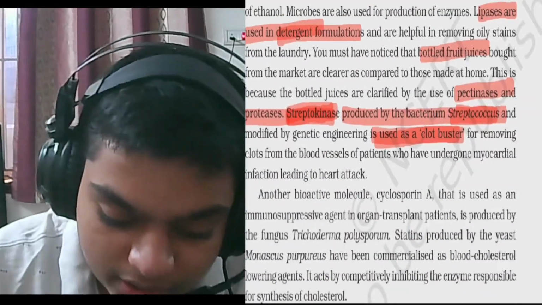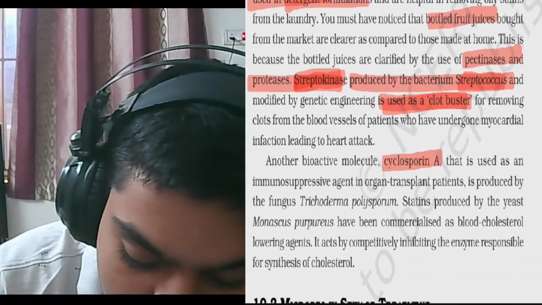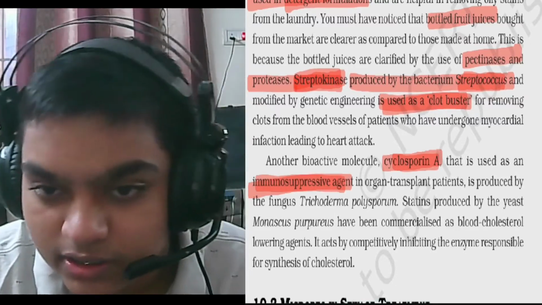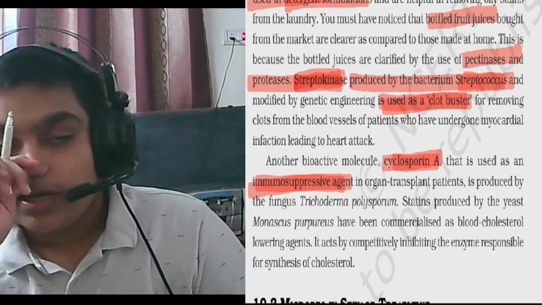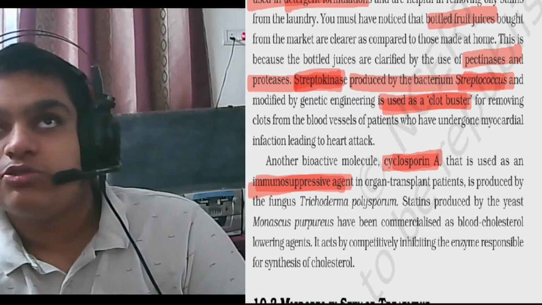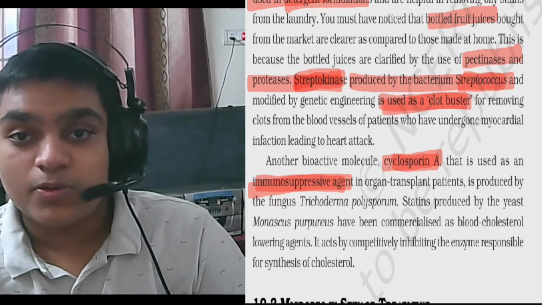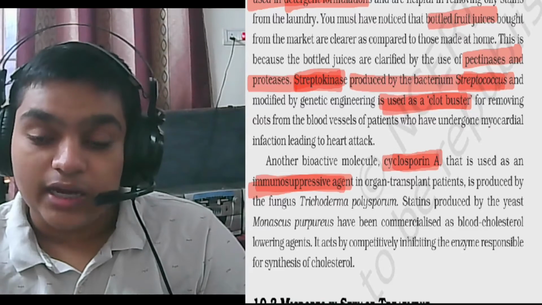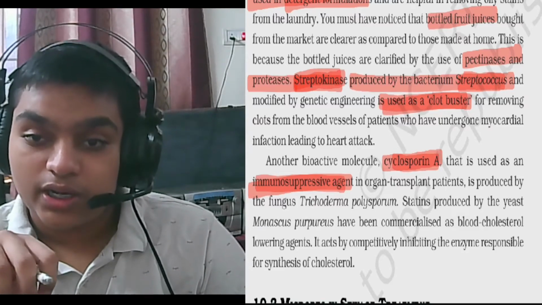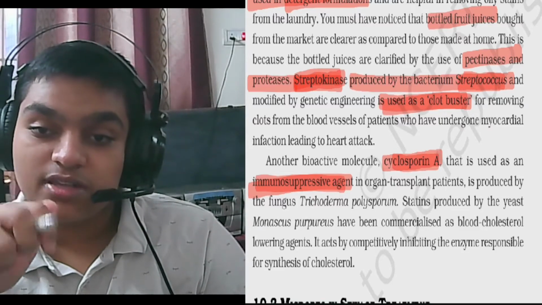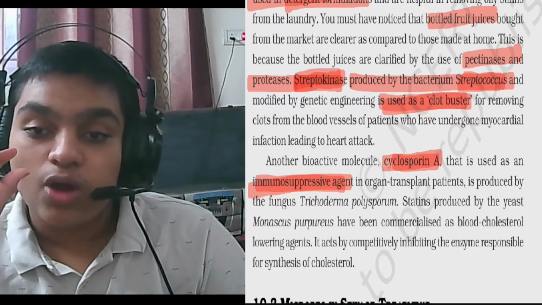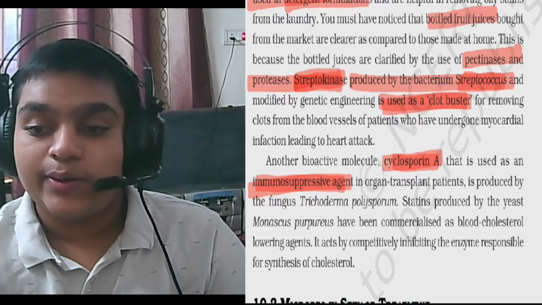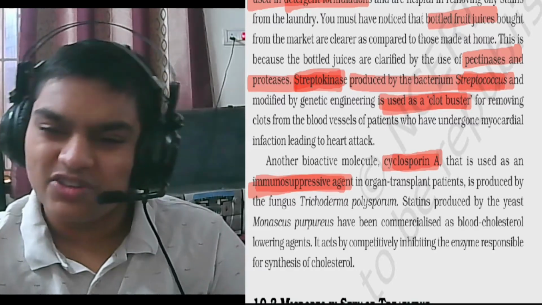Now another one, cyclosporin A, is an immunosuppressant agent in organ transplant patients. You can ask me, why are they using the immunosuppressant cyclosporin A? They can use any other immunosuppressant, yes, like steroids. These steroids are harmful to our health, but cyclosporin, when given in a limited quantity, is not harmful to our health, and it is obtained from living organisms.